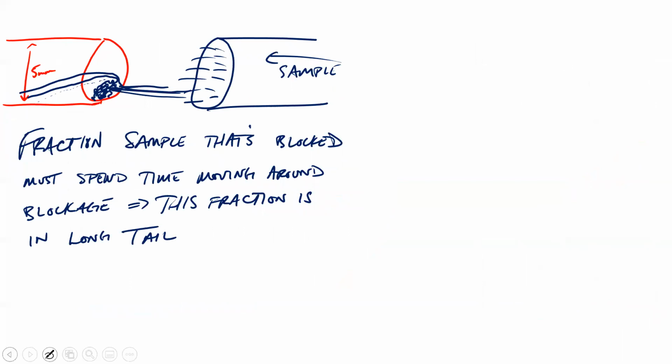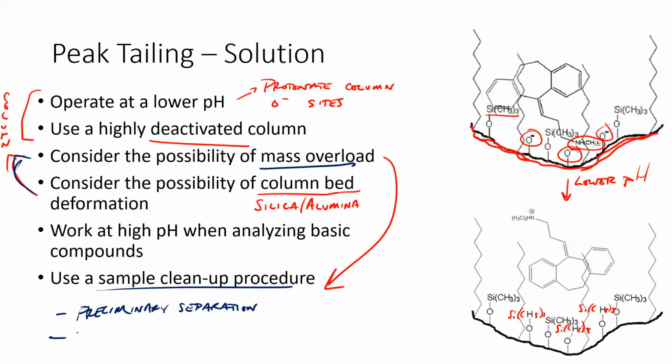This could also remove any interfering components. If you have some competition for those stationary sites, and one of the things that's competing is not an analyte you're interested in, you can separate it out and then only get the analyte or analytes that you actually care about. Okay.